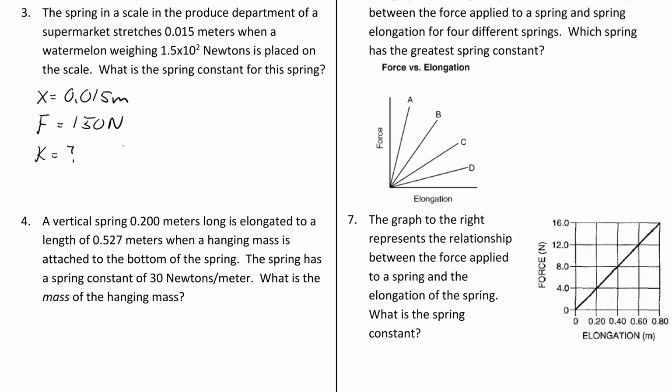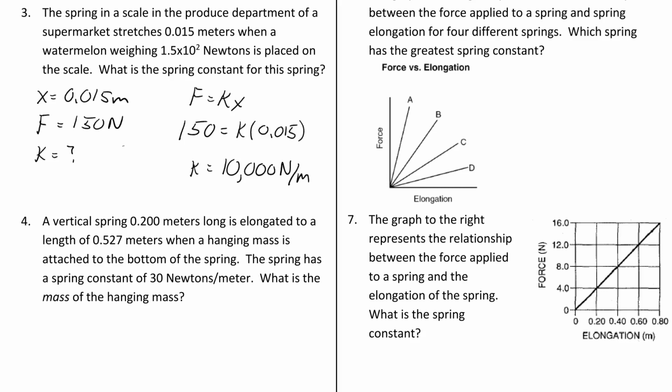So they're looking for K. So you've got F is equal to Kx. 150, or 1.5 times 10 to the 2, is equal to K times 0.015. So K is equal to 150 divided by 0.015. So that's 10,000 newtons per meter.